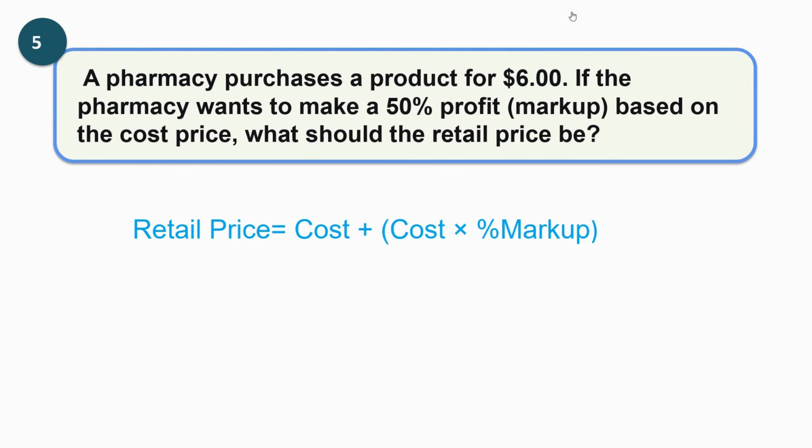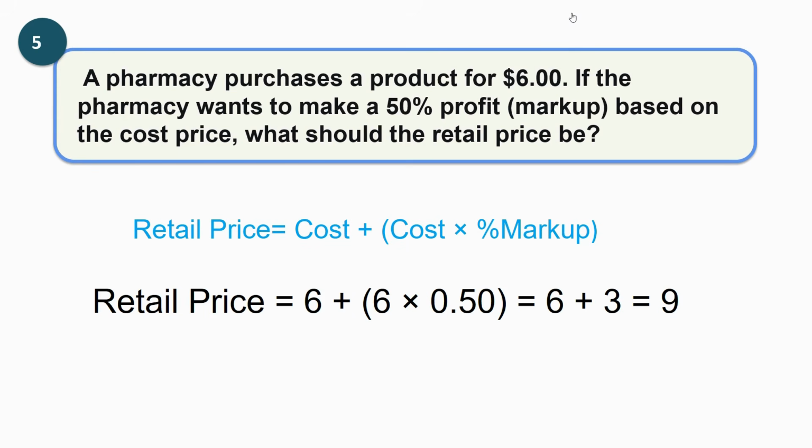So this is the formula for retail price. Retail price formula is cost plus cost multiplied by the percentage of markup. So if you plug the numbers into this formula, for example, cost was $6, and markup is 50%. 50% is equal to 0.5.